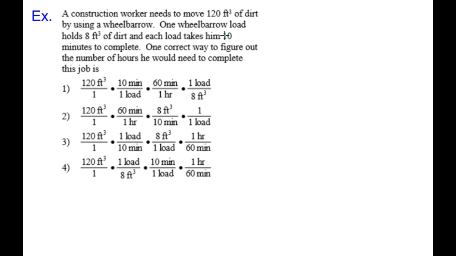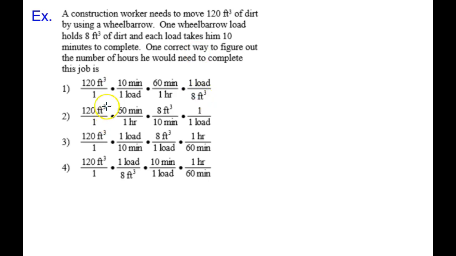We have to determine which conversion is correct. Looking at the options, all of them start with 120 cubic feet over 1. The first thing I would do is try to convert the cubic feet into loads. If my cubic feet is in the numerator, I know somewhere along the line there has to be a cubic feet unit in the denominator, which in the first one it is.